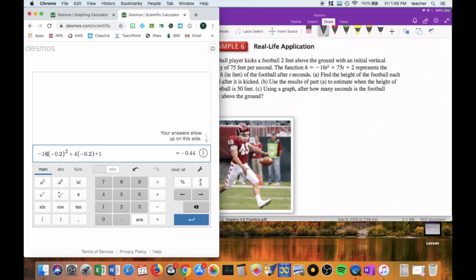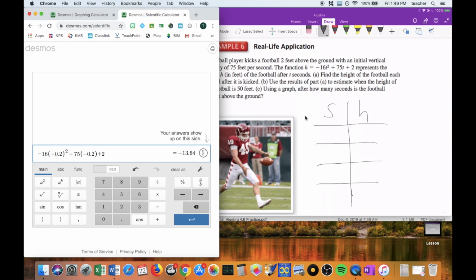So it's going to be negative 16t squared and then plus 75t and then plus 2. And it says each second, so I'm going to make my table over here. So this is going to be seconds and then the height.